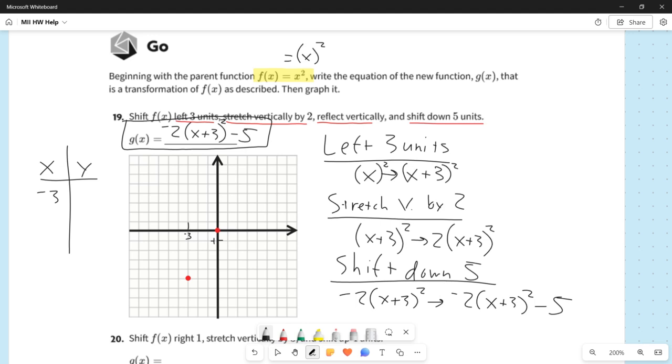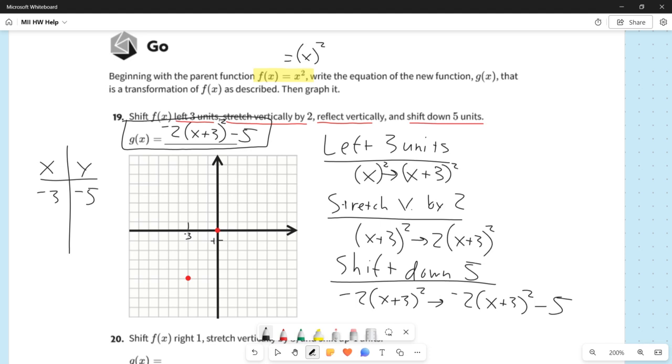When you plug in a -3 here, you get -3 plus 3 is 0. 0 squared is 0. -2 times 0 is 0. And 0 minus 5 is -5. So that will also work. You could just start plugging in values, and that'll work for any function, not just quadratics and all this other stuff.